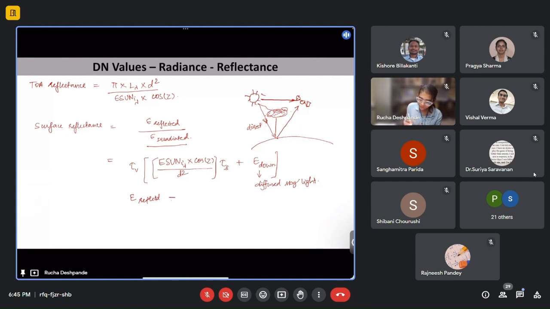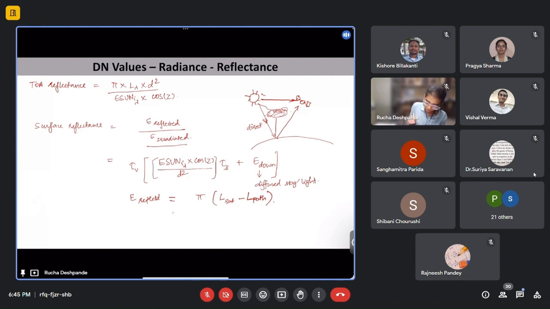The reflected energy will be pi into L satellite minus L path. The path radiance is an excess quantity which we do not require here, so we subtract the path radiance from the radiance measured by the satellite. This is E reflected.